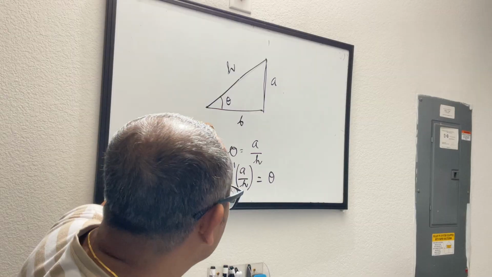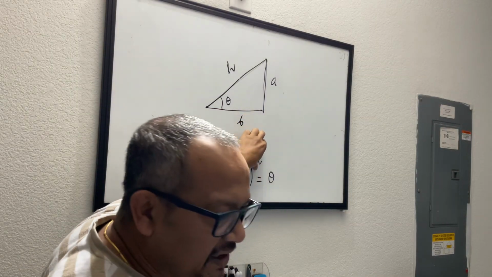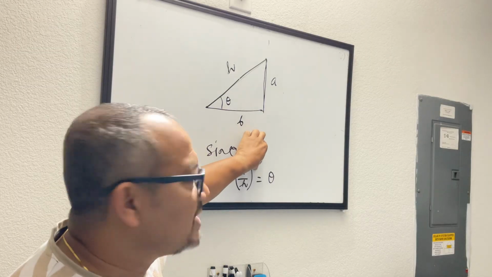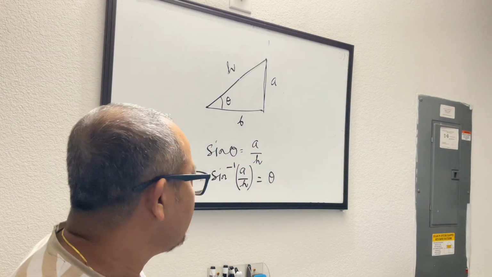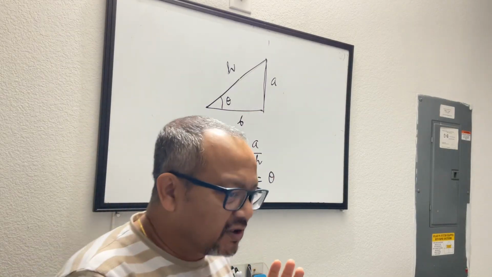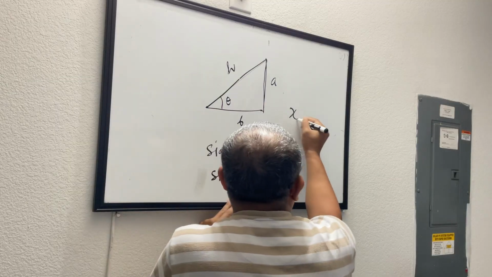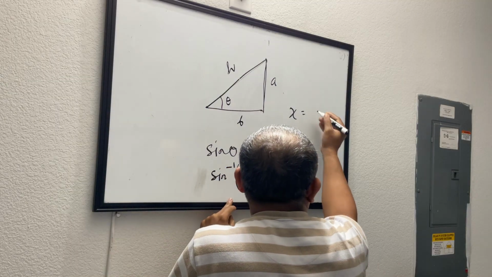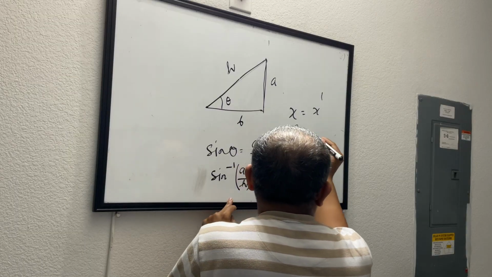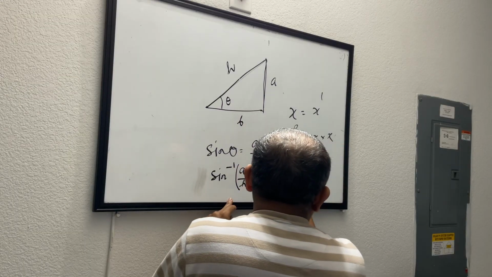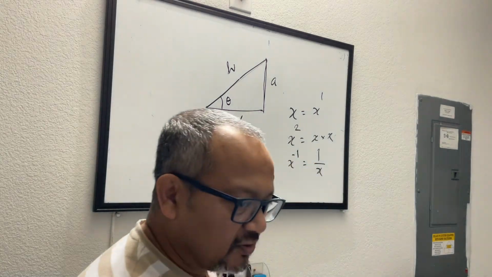So that is the basic premise of an inverse function. Meaning sine theta is a ratio. Whatever value you are getting for sine theta, if you take the inverse of that, that will give you the angle that you are talking about. It's a little confusing at times because we are all used to exponents: x is nothing but x to the power 1, x to the power 2 is x times x, and x to the power minus 1 means 1 over x, meaning it's flipping upside down.